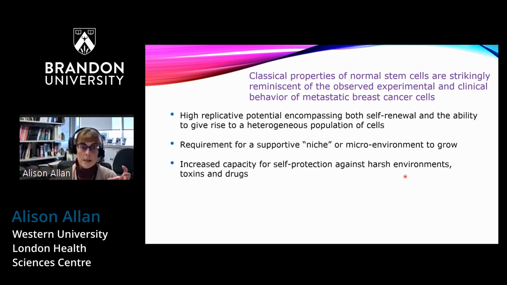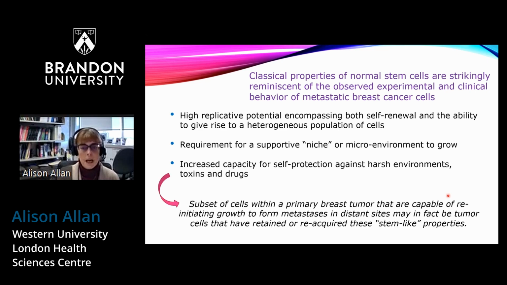Both require a supportive microenvironment, which in the stem cell field is called a niche, in order to grow. And both have an increased capacity for self-protection against harsh environments, toxins, and drugs. This is really important in cancer cells, because it means they can develop resistance to chemotherapy and radiation.